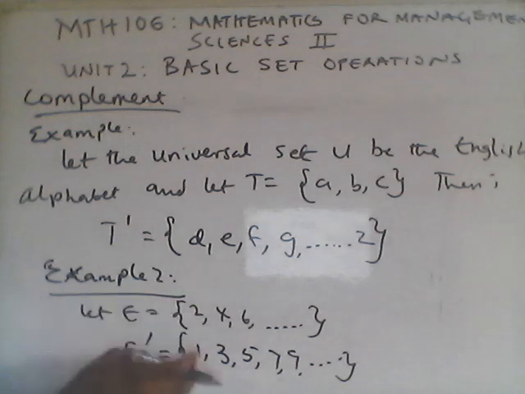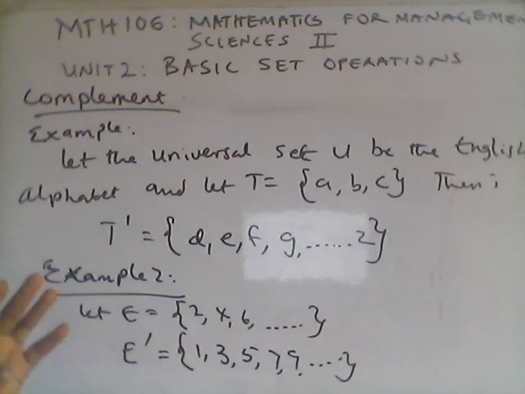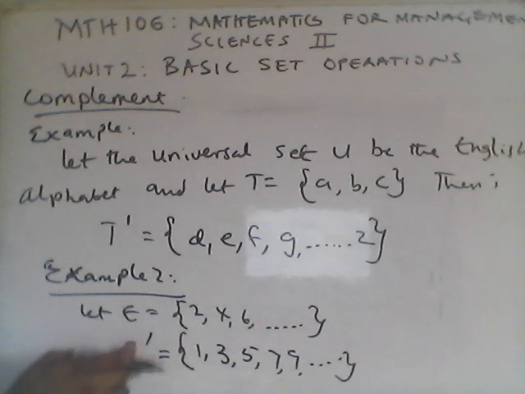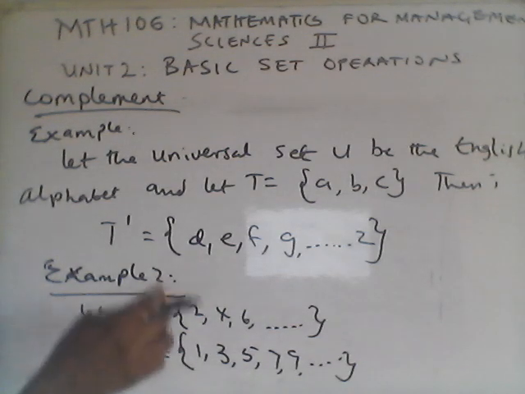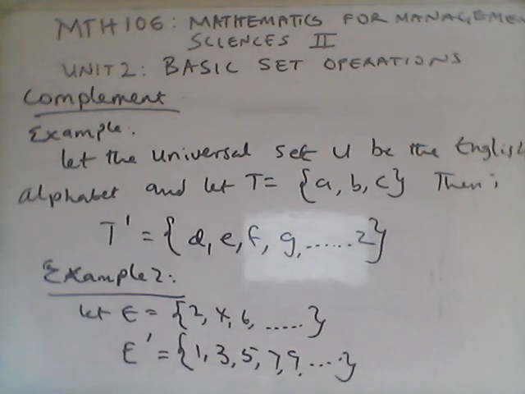Both of these are in the universal set of natural numbers. E complement is what is not in E but is in the universal set. So I hope the complement of a set is making sense.